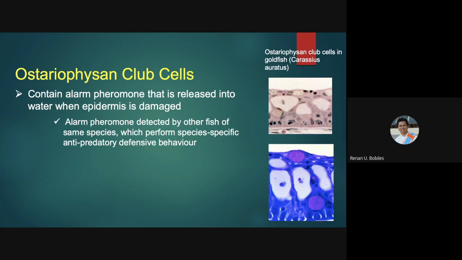Sa case ng virus, dumadapo lang yung virus, dun lang siya sa surface. Then, i-inject niya yung kanyang genetic material. The genetic material may be in the form of an RNA, sa case ng mga retrovirus, and DNA sa other virus. Okay? I-inject lang nila is only the genetic material.